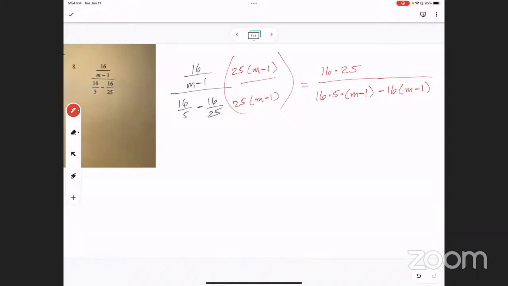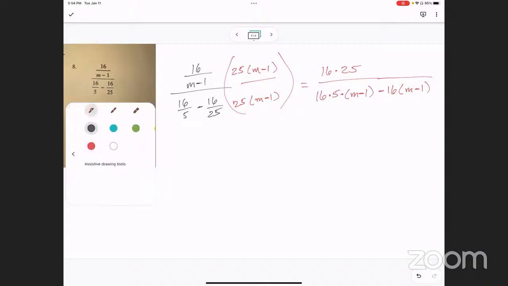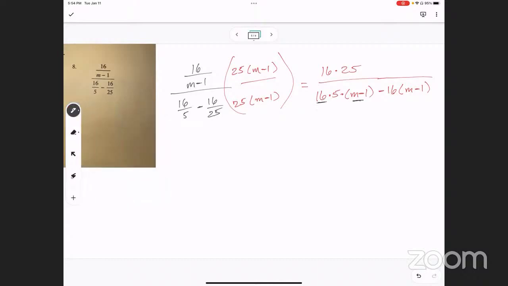Now, to be even more clear, I'm going to factor out. Factoring out the m - 1 won't do anything, because the factors in the top are just 16 and 25.